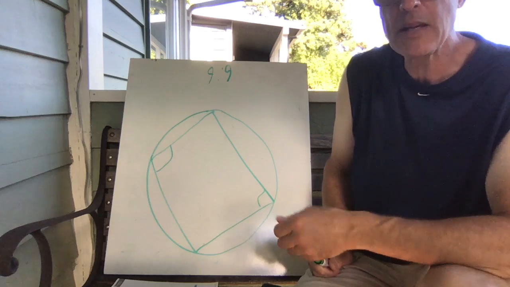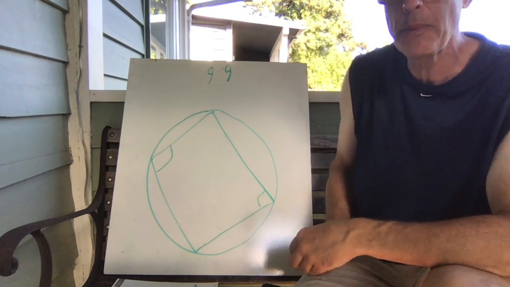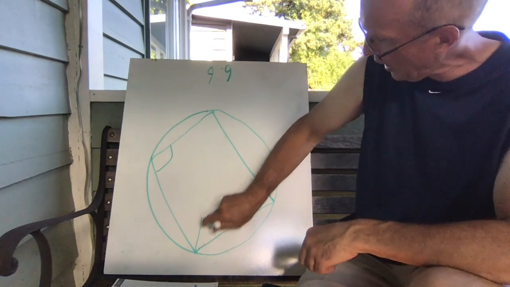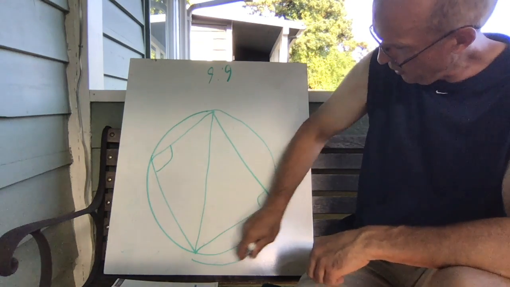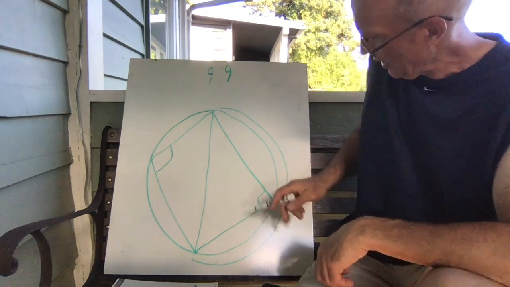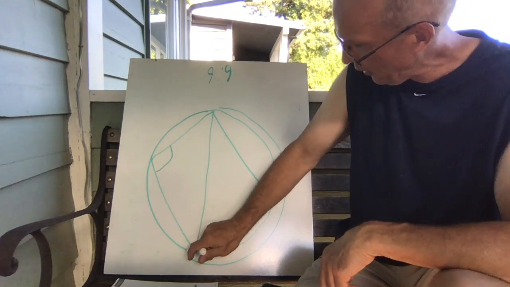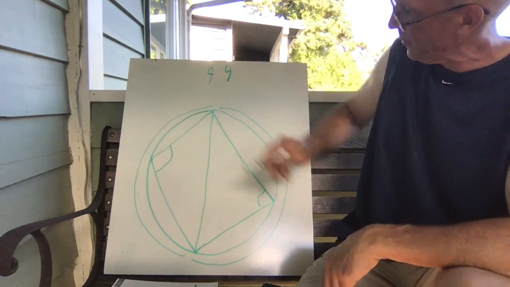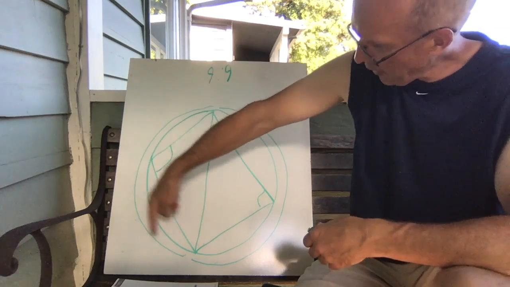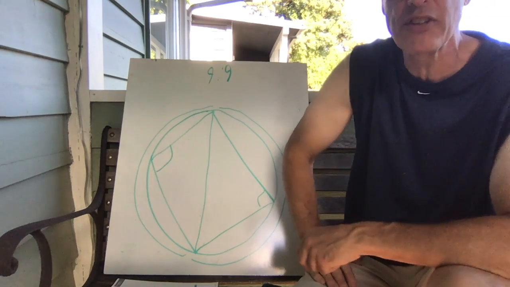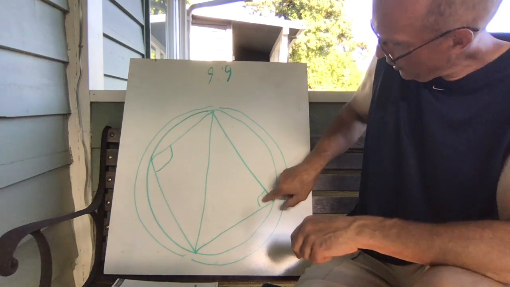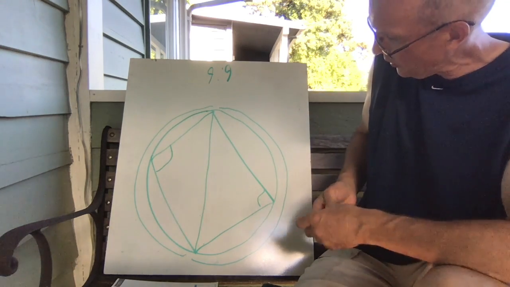I think if you think about it for a second, something will become very apparent. Look at this angle. It carves out this arc here, right? And this angle carves out this arc here. So together they carve out 360 degrees. So you know that these angles are going to be half of that 360 degrees.